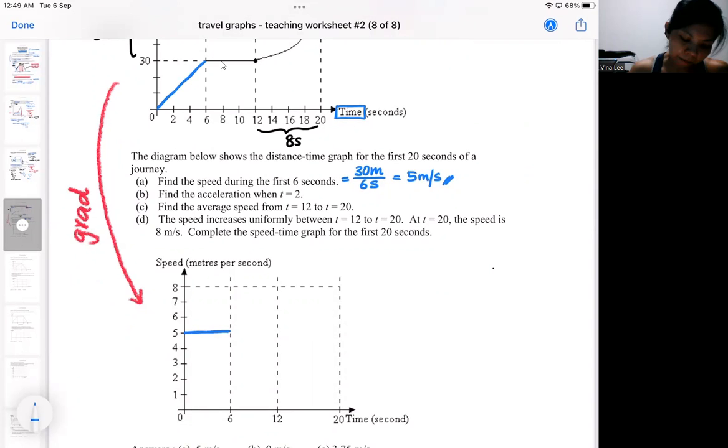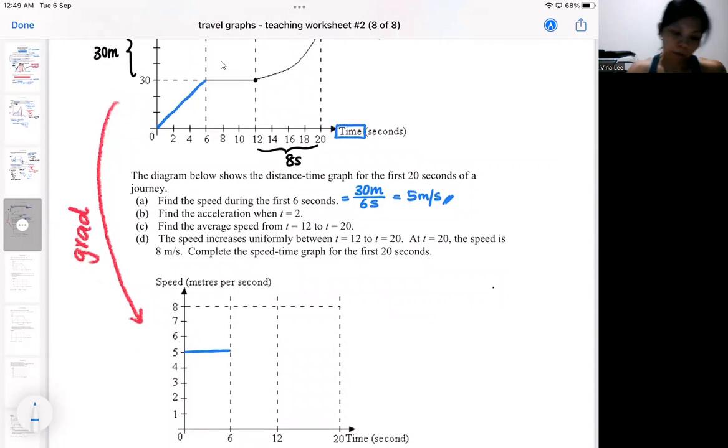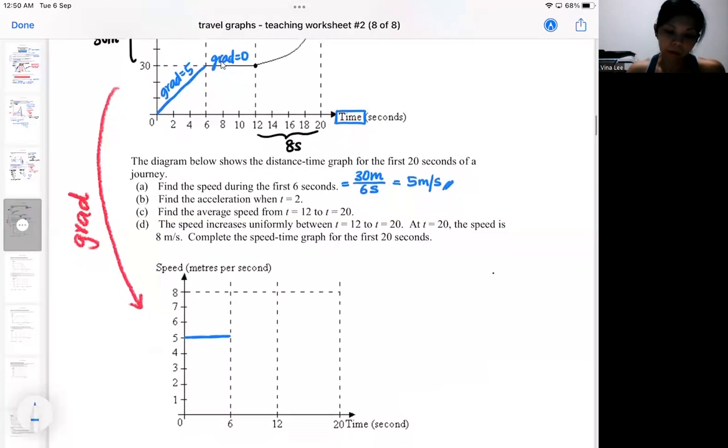They maintain at 5 meters per second for the first 6 seconds. So this gradient is 5, the speed is 5. Here, the gradient is 0. That means it's actually resting, so there's no speed at all.